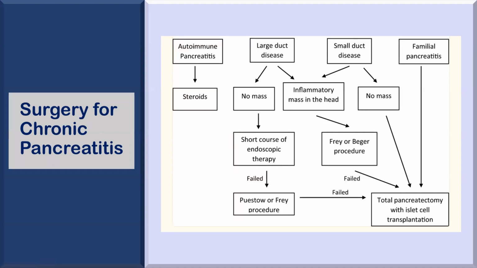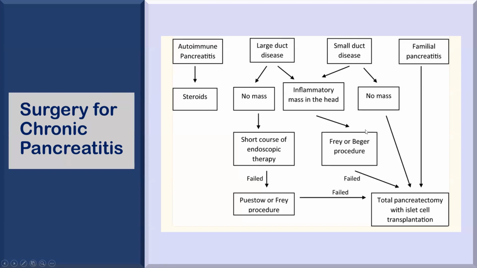No surgery for it. In contrast to all other kinds of pancreatitis, where steroids can actually induce pancreatitis, this is an exception where steroids and other immunosuppressive therapy actually help. That's a medical condition, but you must be aware of it even as a surgeon.